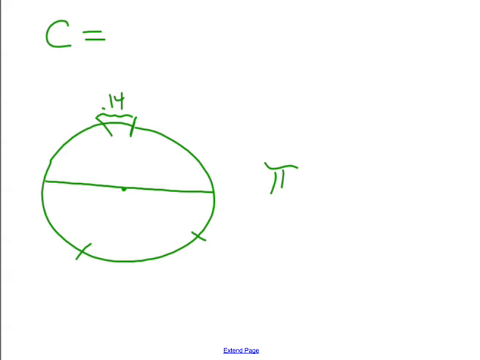So finding circumference. If pi is the number of times the diameter lies on a circumference, then circumference is going to be equal to the diameter, whatever the length of your diameter is. I'm going to write it this way, don't write it down yet.